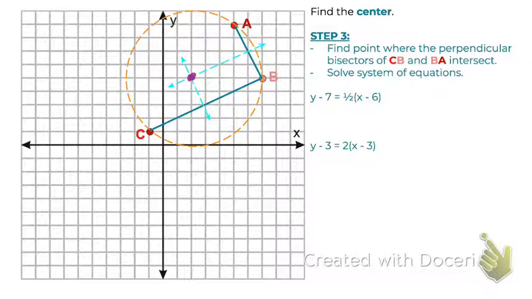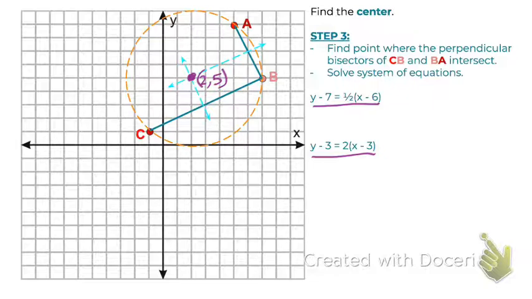Now my graph is pretty exact, so I can just look at it and say it's over 2 up 5. But if you can't, there are several different ways you can do it, because this is actually a system of equations. I have two equations. I'm trying to find out where they intersect or the solution they have in common.